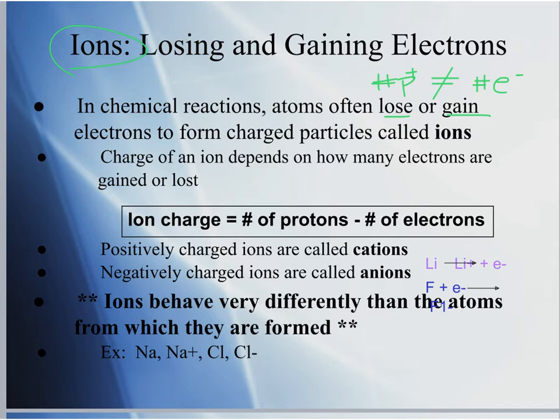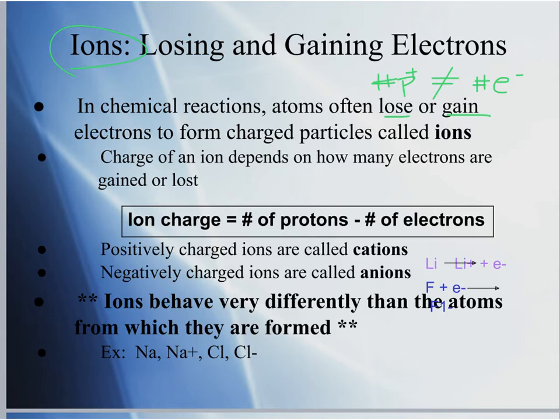We're going to find out that some elements lose 1 electron, some lose 2, some lose 3. Some gain 3, some gain 2, some gain 1. But don't worry, they all have patterns on the periodic table. So it's not like you have to memorize who loses how many, because for the most part, for the main groups, there is going to be a pattern.